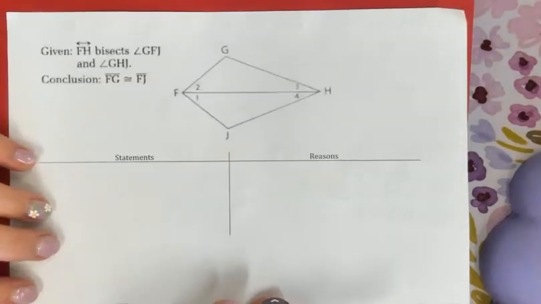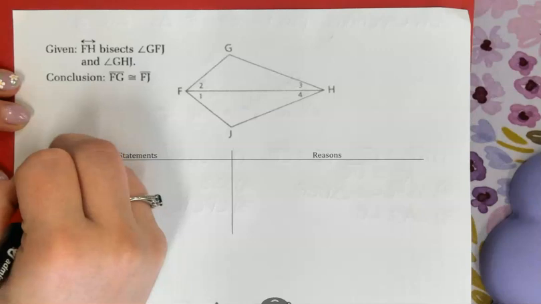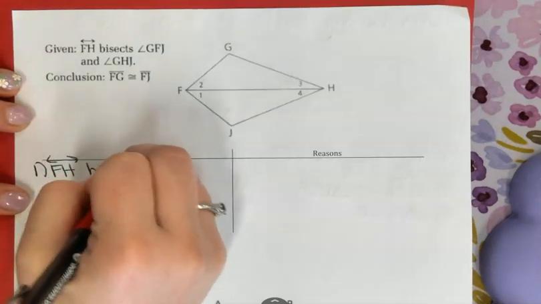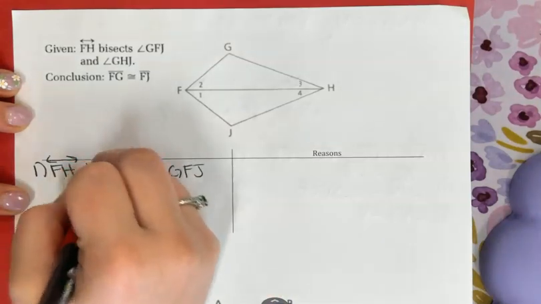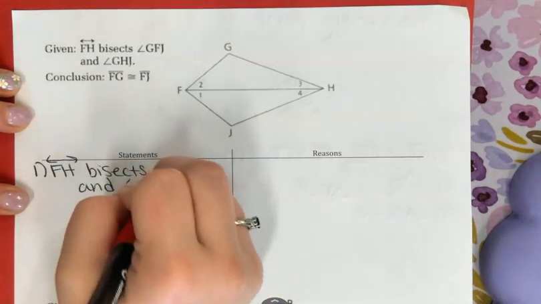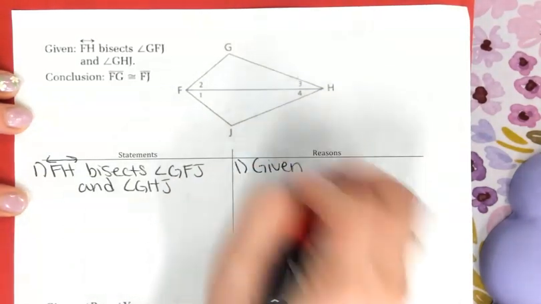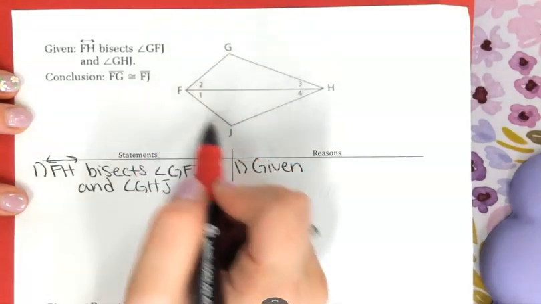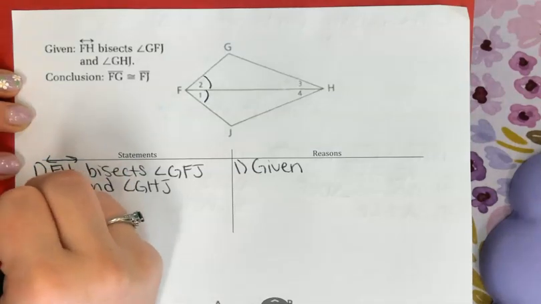Okay. Moving along, here my given is that line FH bisects angle GFJ and angle GHJ. So what does that mean? Well, if GFJ is being bisected, that means that angle 1 is congruent to angle 2.